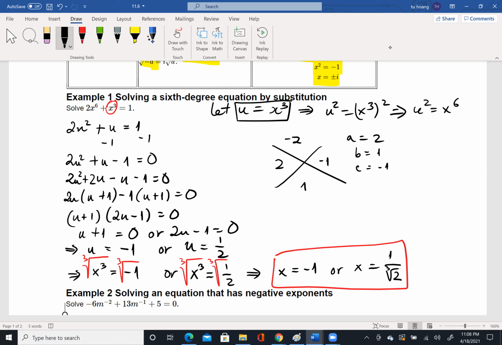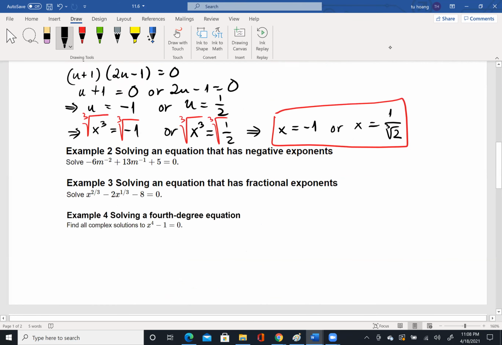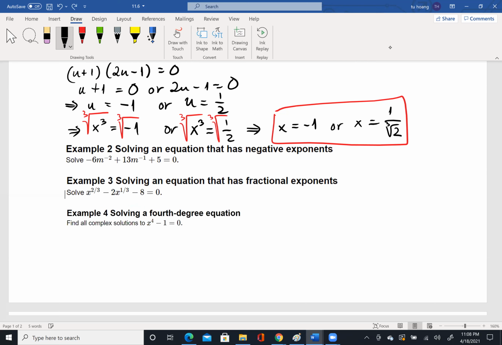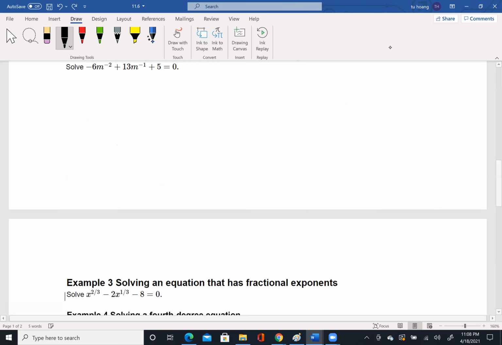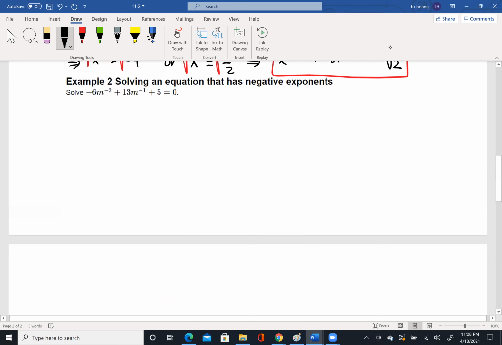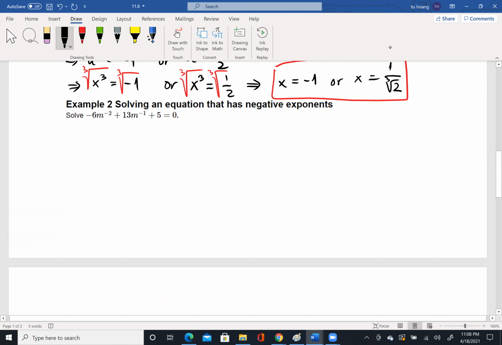Now let's move down and do example 2. For example 2, I have a negative exponent.